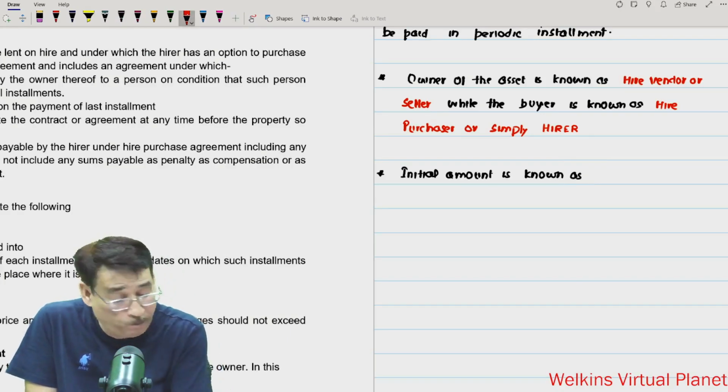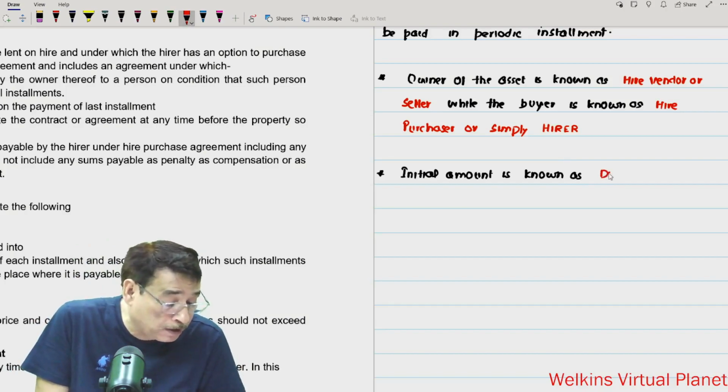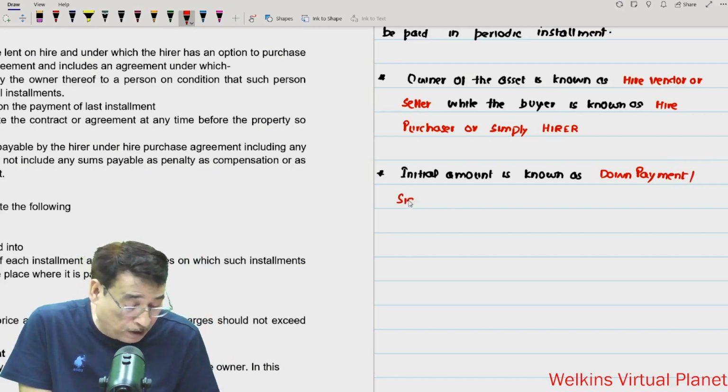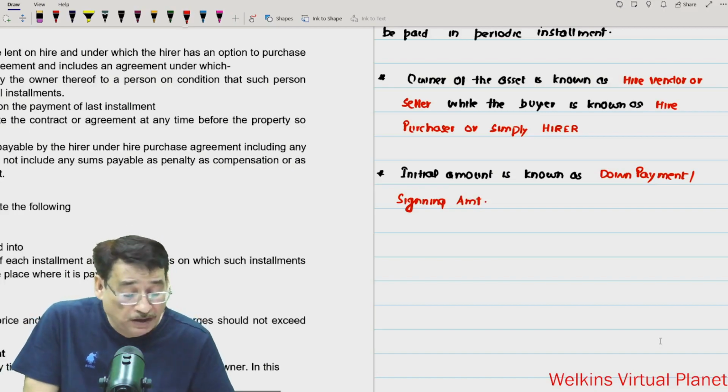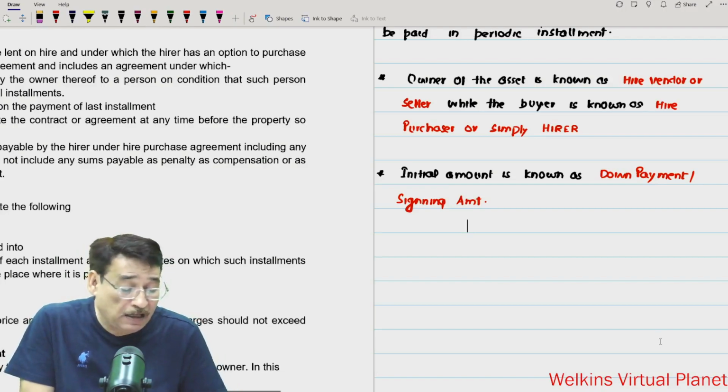Down payment. There are so many names. It is known as down payment, and it is also known as signing amount. So these are the things you should be aware of regarding the hire purchase system.